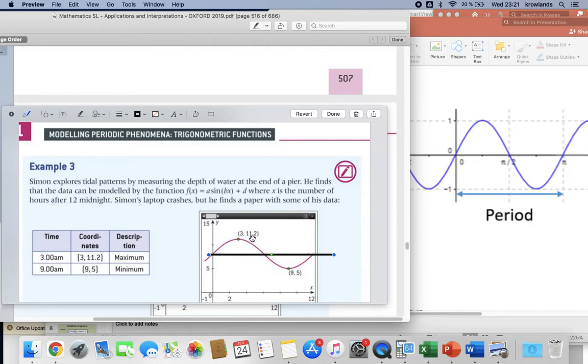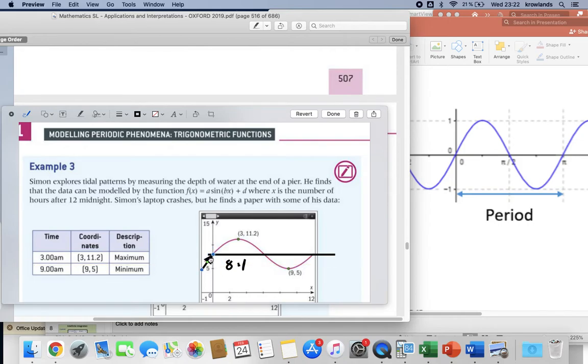This is going to be 16.2 divided by 2. The y value for this is going to be 8.1. This is really useful. Working out this value will tell you what D is, because 8.1 gives you where it crosses the y-axis.